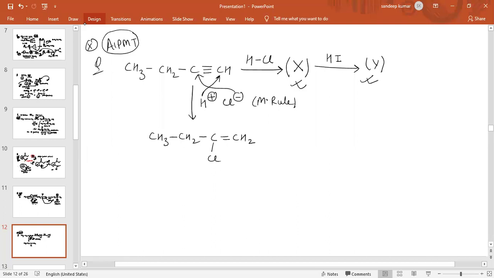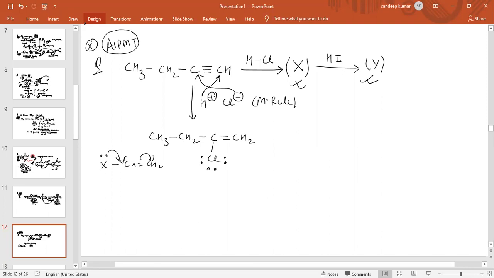Now see, as we know, there is a lone pair of electrons on the chlorine atom. So this is a conjugated system: lone pair, single, double, like this. X, lone pair, single, and then double. So this is the conjugated system. So this bond will break in this way, when this pair shifts, this pi bond will break.